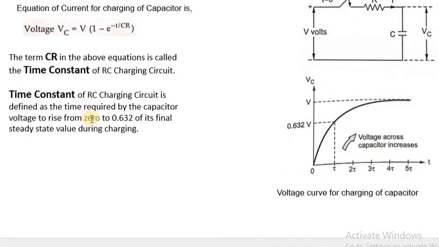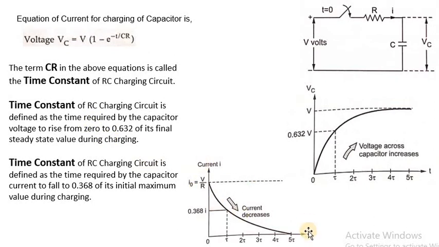Now for current graph, what is the definition? This now the current graph. In the current graph, what is 1 tau? In the current graph, the time constant of RC charging circuit is defined as the time required by the capacitor to decrease the current, or to fall the current, from initial maximum value to 0.368 I times. 0.368 I means what?